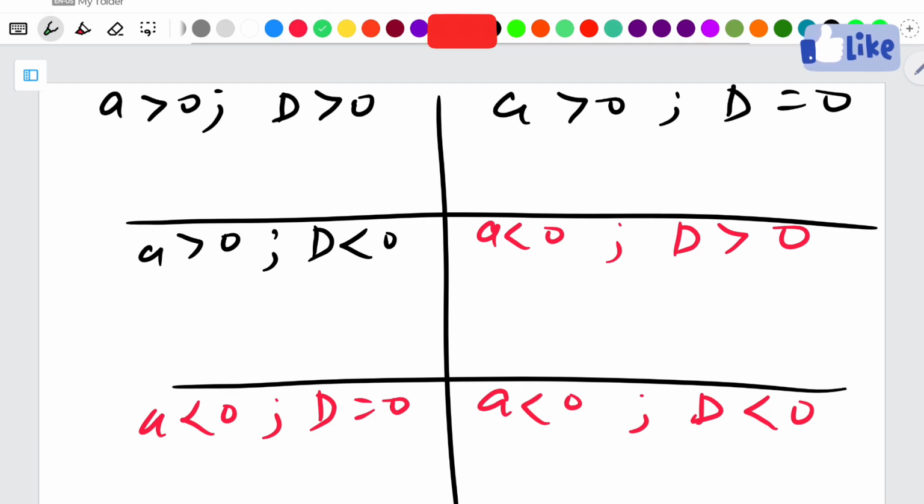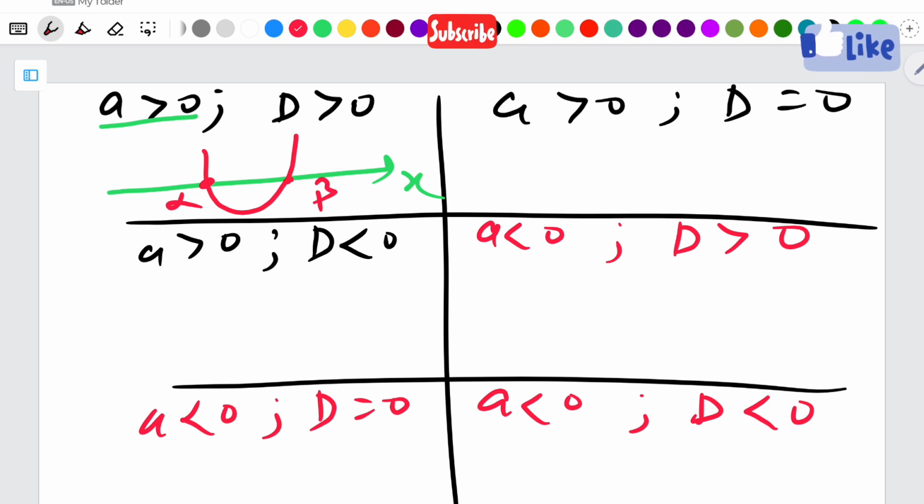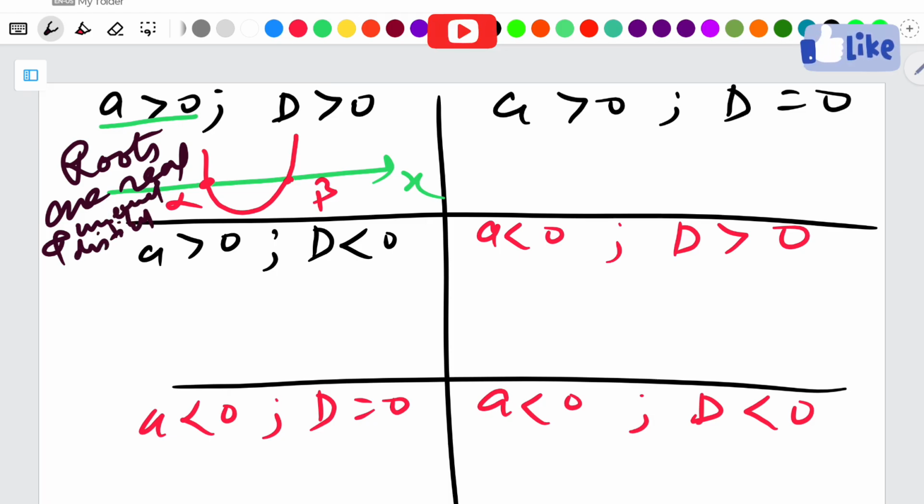So see the nature of the graphs. If this is the x-axis, we need only the x-axis. See, a is positive means upward parabola, d is positive means it intersects at 2 points, because it reveals that the roots will be 2 and different from each other. So this is the graph, and the roots are real and unequal, that is distinct.